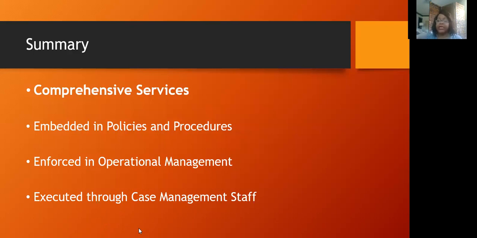So as your case managers are doing their part, what their part should be is a reflection of everything that you've incorporated through your policies and procedures, that's been mandated through your operational management, that's executed through your case management staff. And then our last piece is one where you will see the manifestation of successful outcome.